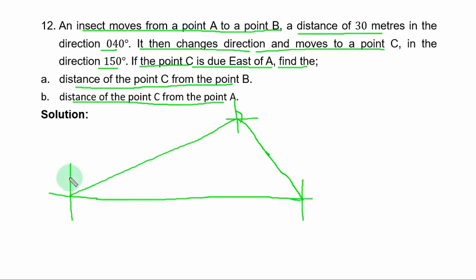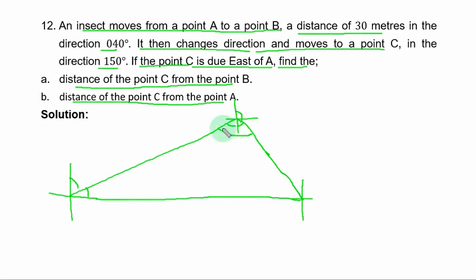This angle here is 40 degrees, which is equal to this angle. This remaining angle is 50 degrees now. 50 plus 40 is 90. If from here to here is 150, the remaining angle must be 30 degrees, so that here is 070 degrees.